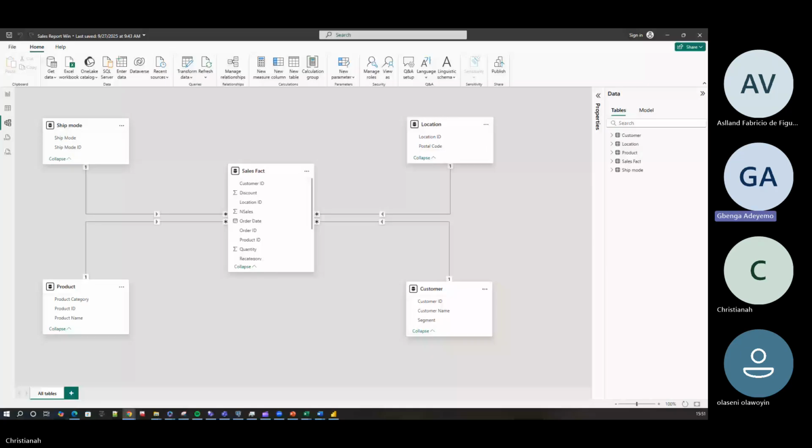So any dimension table that we can connect to all the fact tables in our data model is called a conformed dimension. The ones that cannot relate to the fact tables at the same time are not conformed dimensions. It's still a dimension table, don't get me wrong, but there are conformed dimensions, and there are the ones that are not conformed. Do you understand the concept now?